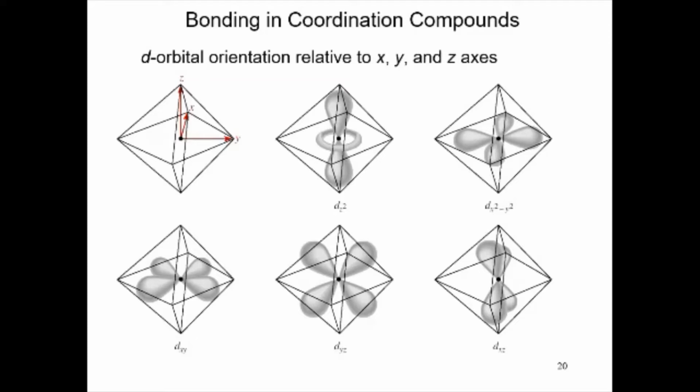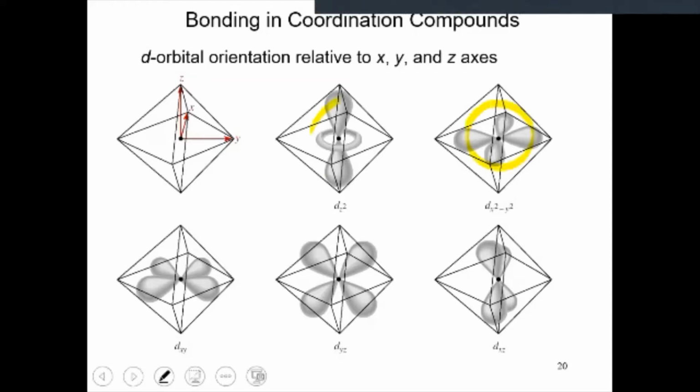I'm talking about the top right model, the dx squared minus y squared. This one over here and this one over here. You can see where there is a potential for conflict at these positions, where the clouds of electrons that are there could repel the incoming donor atom.